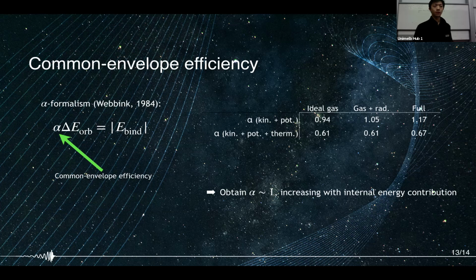And that's one of the qualitative results that we're seeking in this study, that some of the internal energy could be used to eject the envelope. If we include the thermal energy in the binding energy of the envelope as well, we get alphas of order 0.6. That's just saying that the thermal energy isn't all used to eject the envelope. There's some inefficiency in there, which is not completely unexpected.